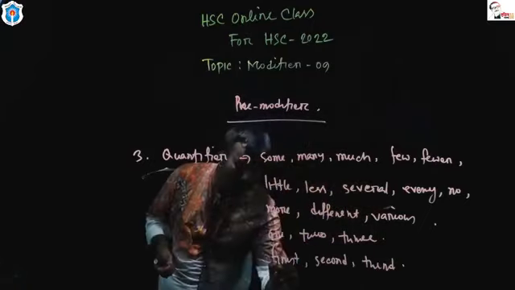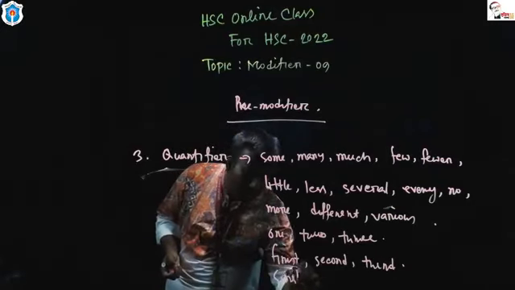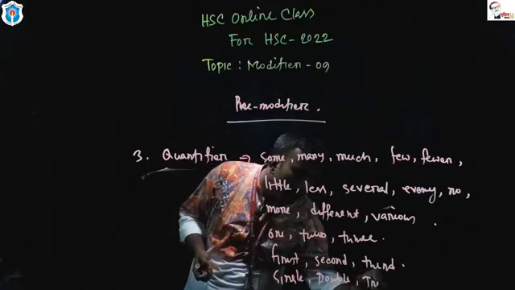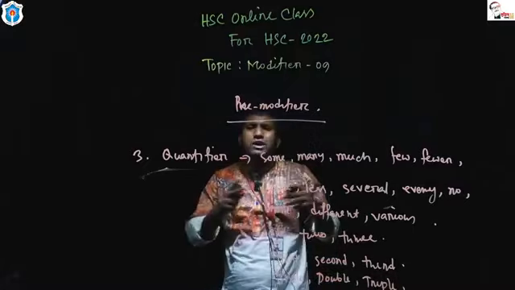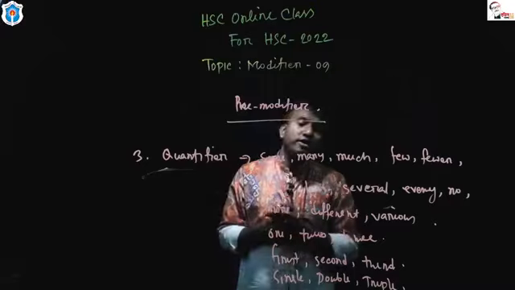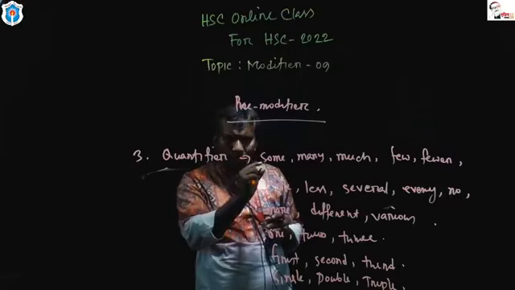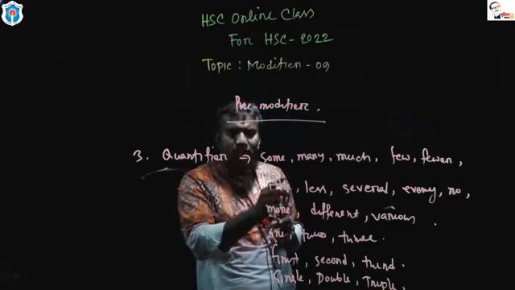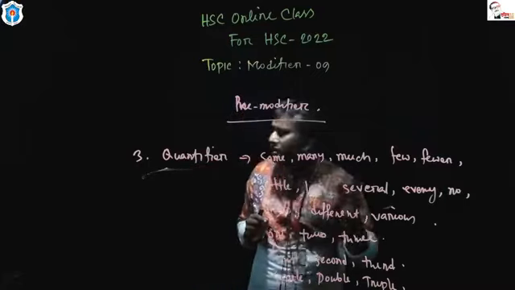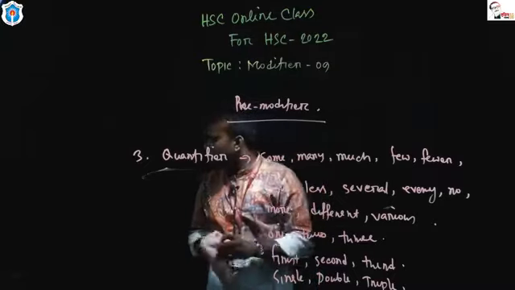If I say single, double, triple, all are adjectives, especially all are called quantifiers. Okay, because if these words modify nouns and if these words express the quantity or number of a noun or nouns, these words will be called quantifiers. Okay, I'm going to give you some examples.